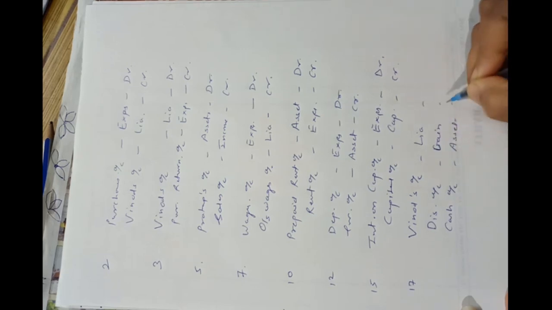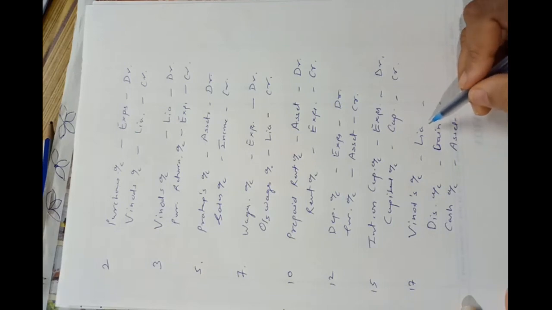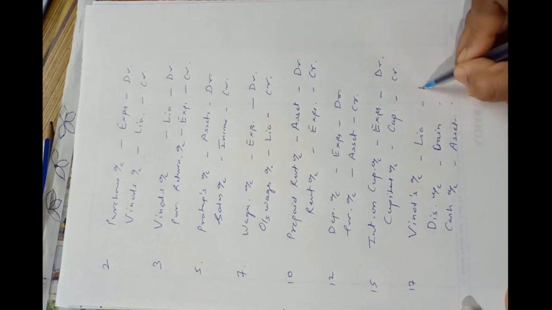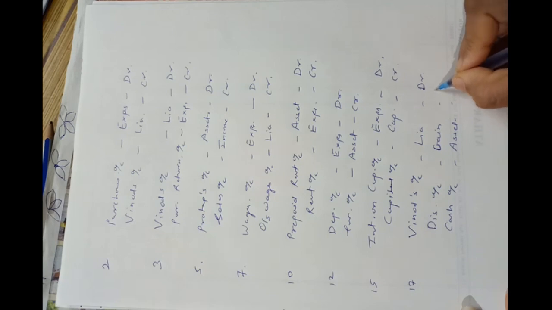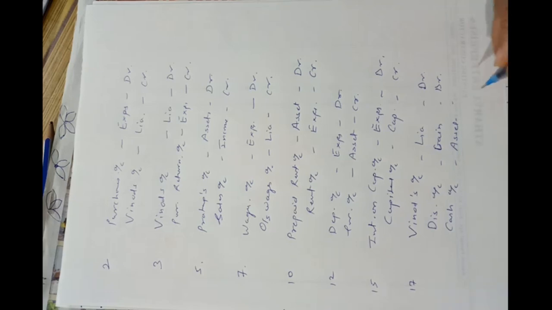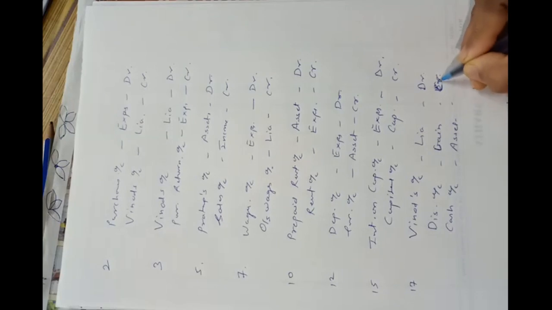Okay, when we pay Vinod his payment, our liability will decrease, and decrease in liability will be debited. Our income will increase, so when there is increase in income, it should be credited.